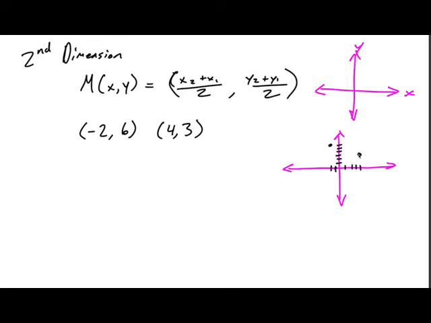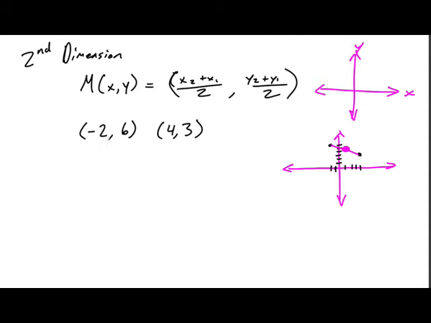I want to find my midpoint of this segment right here. So my midpoint is going to be somewhere around here. We don't know exactly where, which is why I'm making such a big dot. We just know it's in that general area.